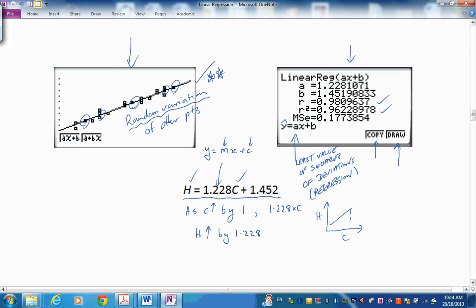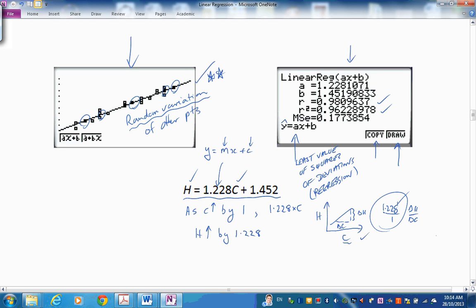It is the change in H over the change in C. One movement along here in C, 1 unit, if the slope is 1.228, gives the H movement. So the change in the independent variable is 1, and the slope will be the ratio of that value to 1.